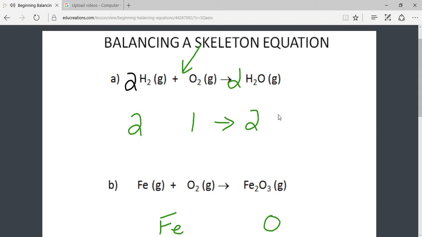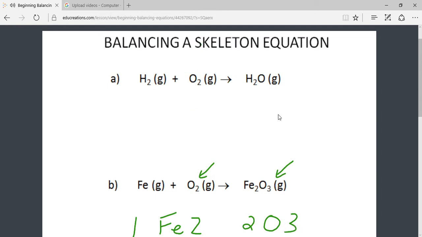You can see on the reactant side there is only 1 atom of iron, yet on the product side there are 2. Looking at the reactant side, there would be 2 atoms of oxygen, but on the product side, there would be 3 atoms of oxygen. Therefore, neither iron nor oxygen are balanced for this equation.